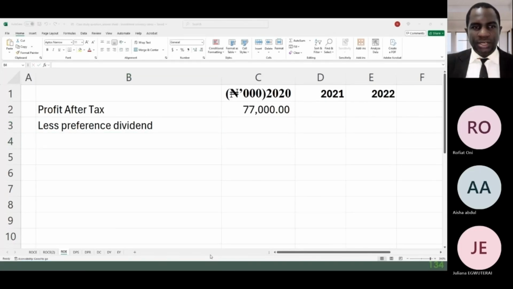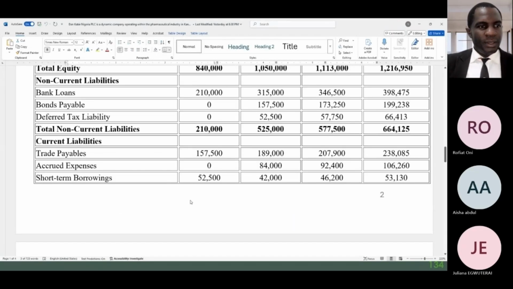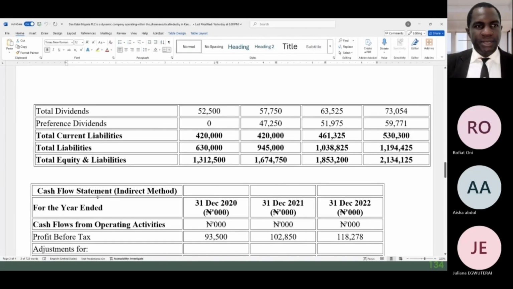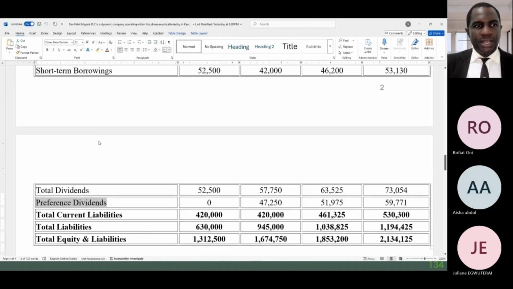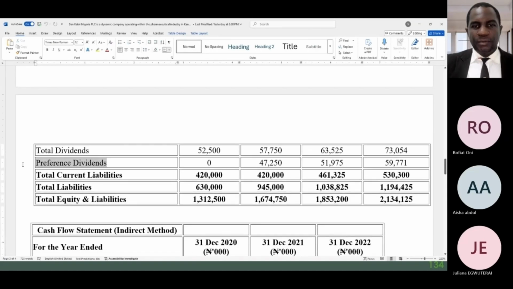It either comes as additional information or as a current liability. If it's a current liability, it has been provided for. So you can see under your current liabilities, you have preference dividend. It has been provided for, but it has not been paid.